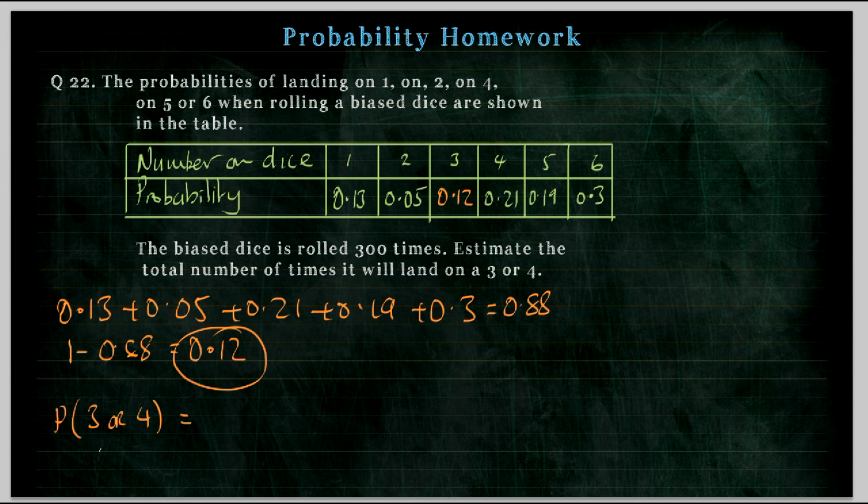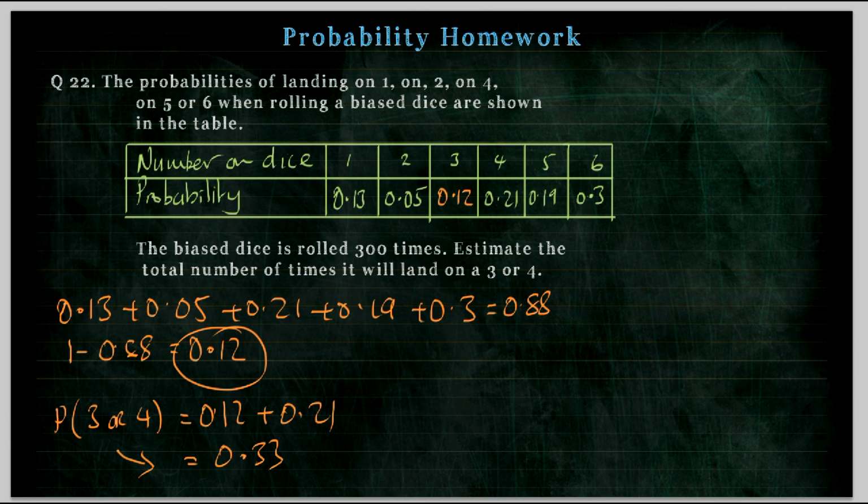So what I need to do next is work out the probability of getting a 3 or a 4. Just like before, we need to add those probabilities. So the chance of getting a 3 is 0.12, plus the chance of getting a 4, which is 0.21, and that gives me 0.33. So that's my probability.